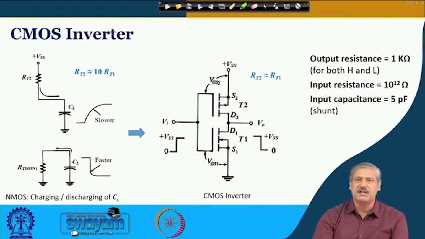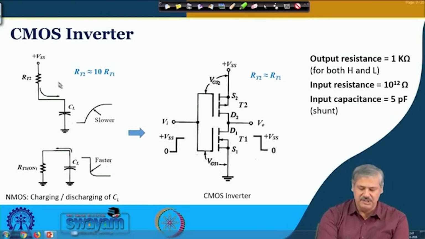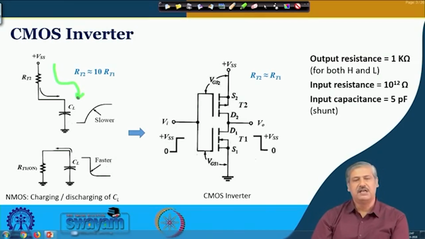So the charging of the capacitor through this particular resistance, which is relatively high, takes more time than the discharging of it, which limits the speed and brings an element of asymmetry.